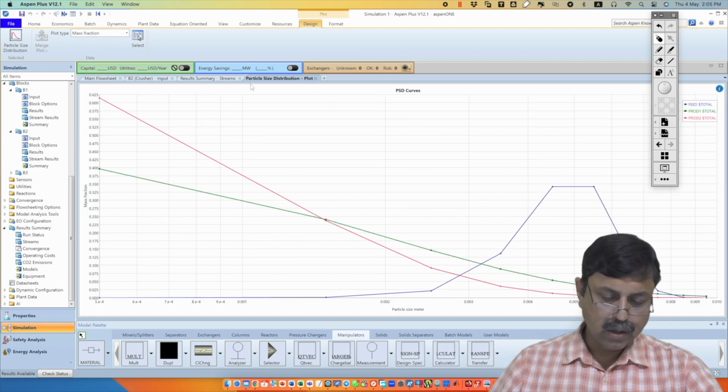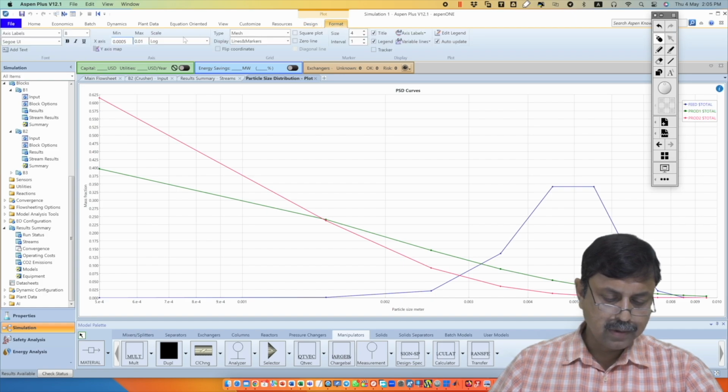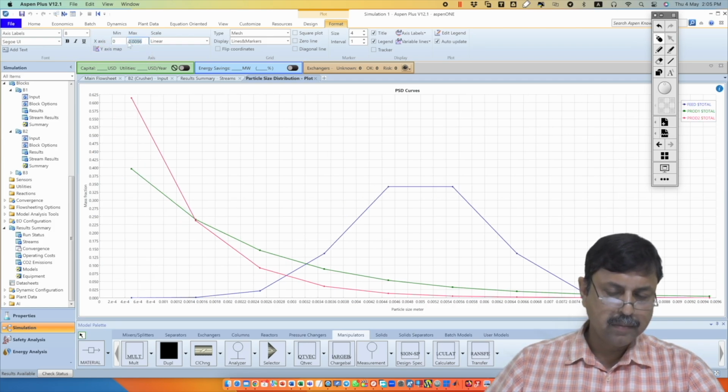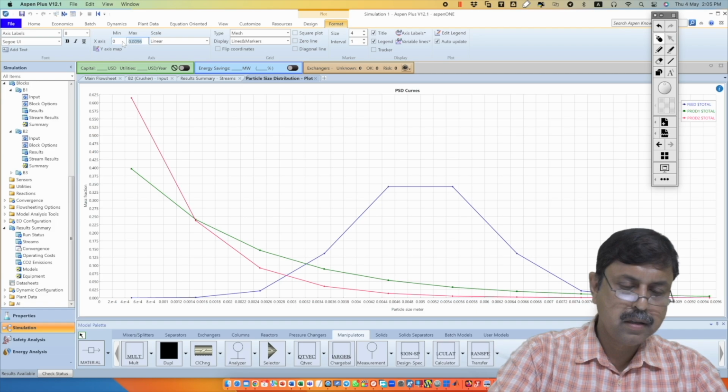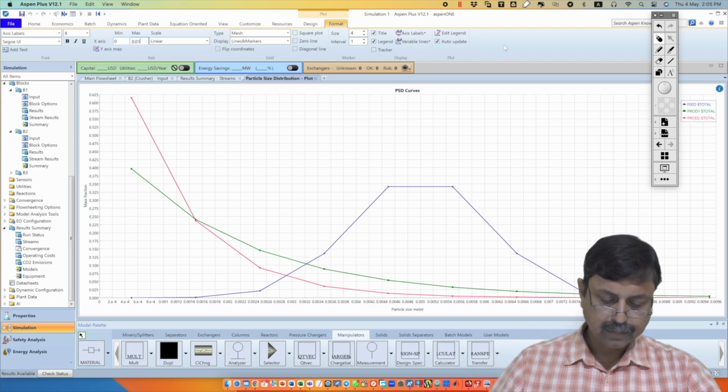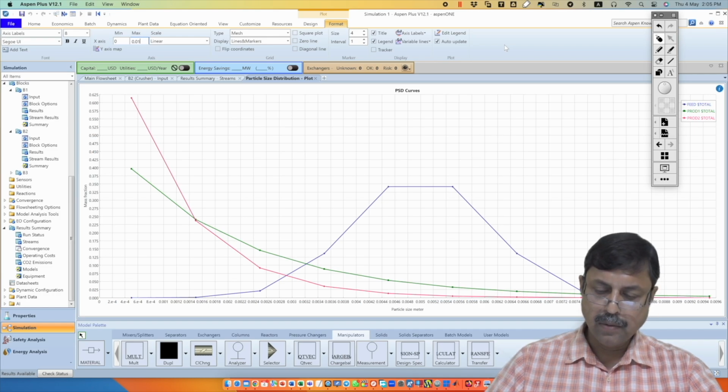Okay, you have taken mass fraction. Again, you have to format it. So this is log scale. So you have to take linear scale, make it 0, and this one is 0.01. Okay.